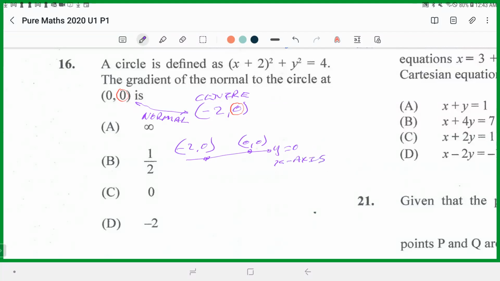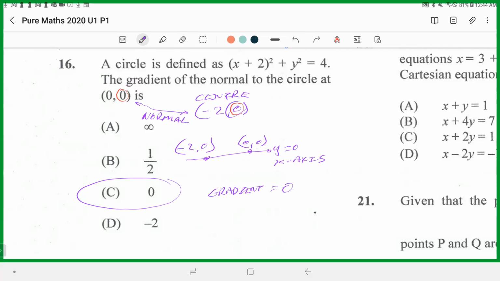And the gradient of a horizontal line is 0. So then say 0. Gradient is 0 on a horizontal line. Or you could calculate the gradient between these 2 points: difference in y over difference in x.